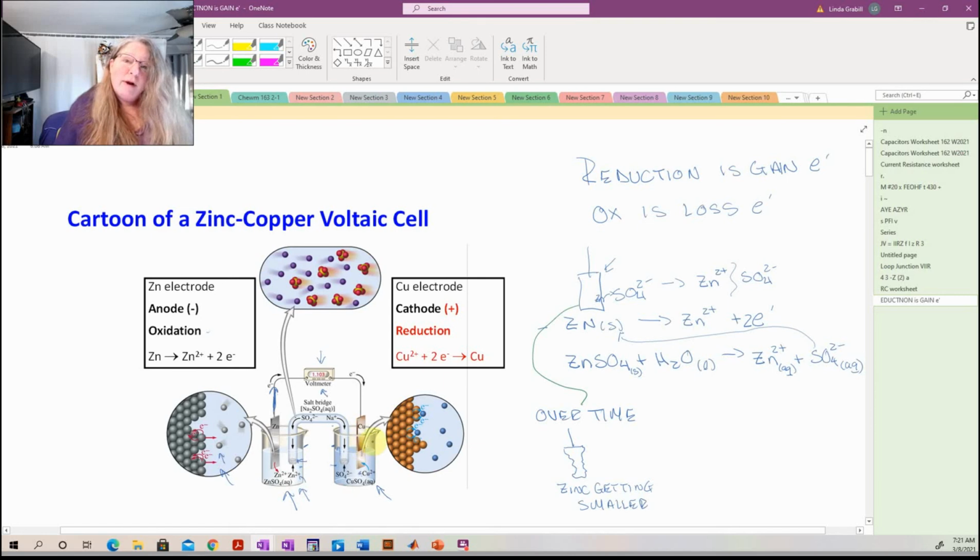What is more energetically favorable for copper is, instead of being attracted to these sulfate ions and jumping off into the solution, to pull copper ions out of the solution. So here's my copper. What's going to happen over time is my little electrode is going to get bigger and bigger and bigger.